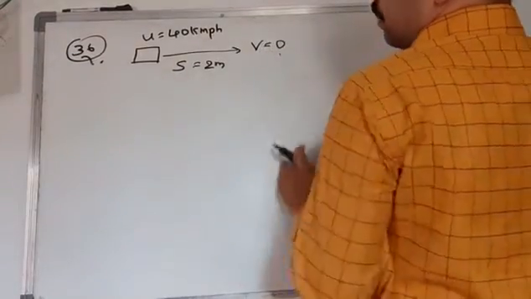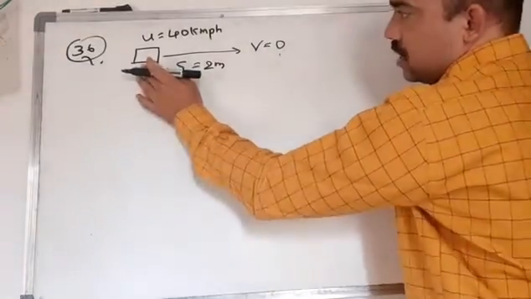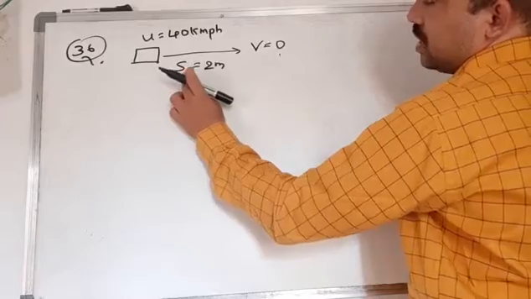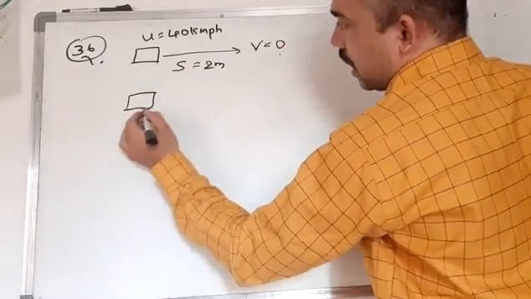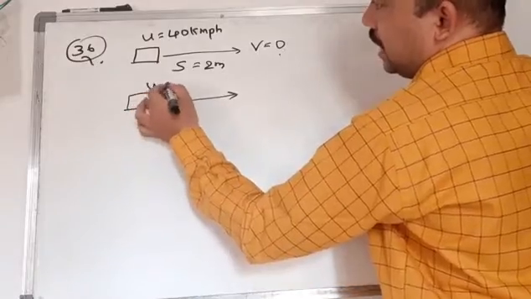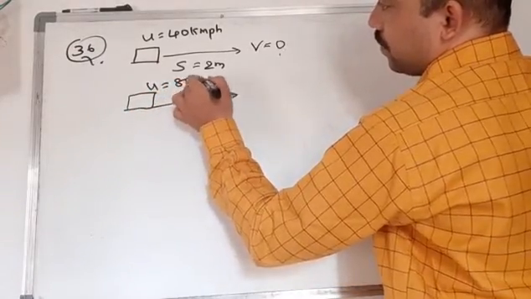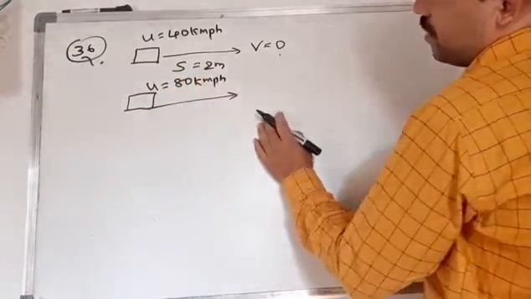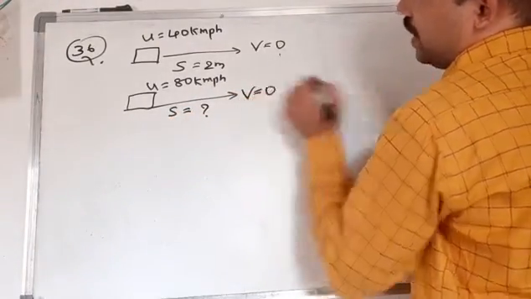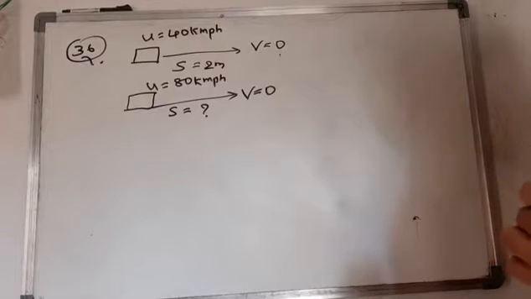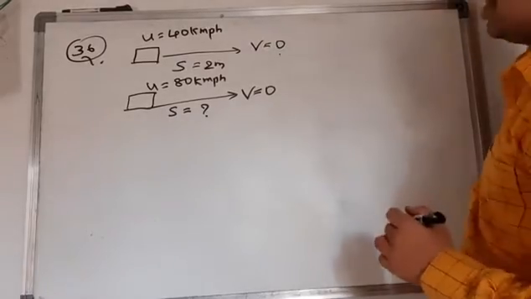After applying the brakes, it went 2 meters and stopped. Suppose the body is traveling with 80 kilometers per hour. How much distance does it take to stop the vehicle? This is the question he is asking.